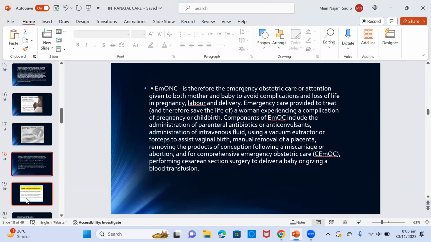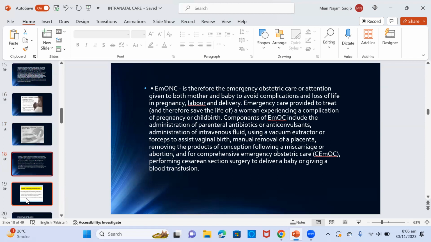EmONC is therefore the emergency obstetric care or attention given to both mother and baby to avoid complications and loss of life in pregnancy, labor, and delivery. It is emergency care provided to treat and save the life of a woman experiencing a complication of pregnancy or childbirth.